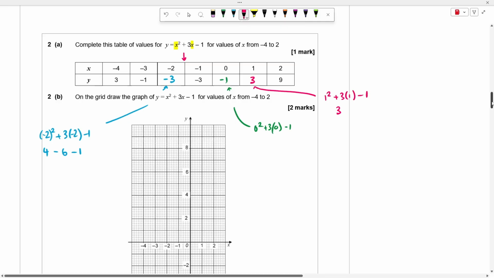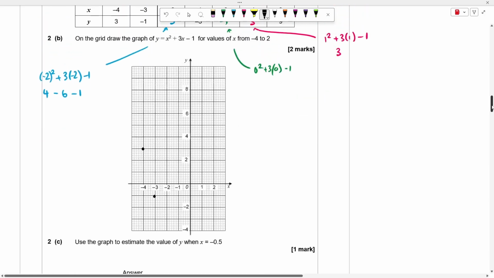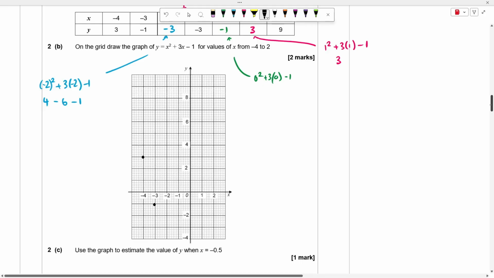The next thing for us to do is correctly plot these points. At minus 4, 3, that's going to be at that point there. Minus 3, negative 1, which is here. Then minus 2, minus 3 is here.